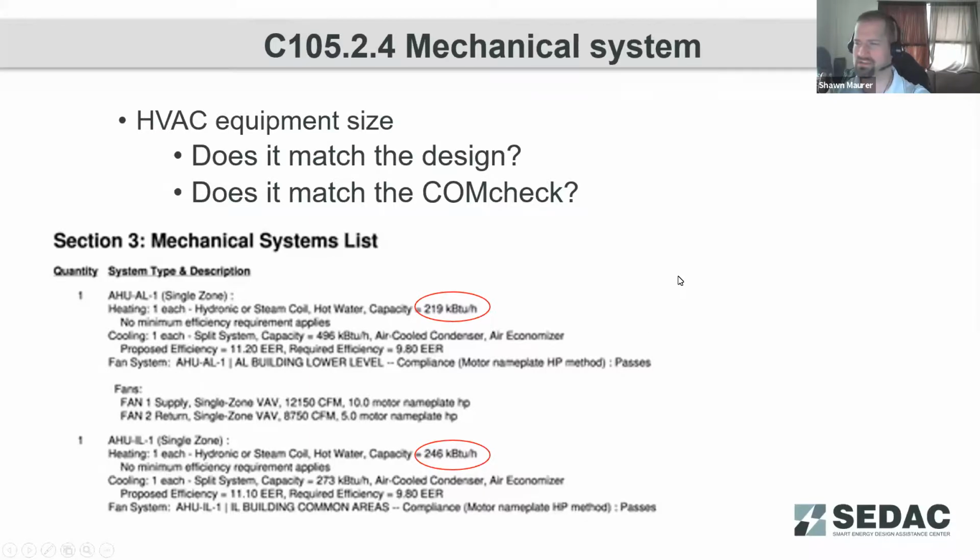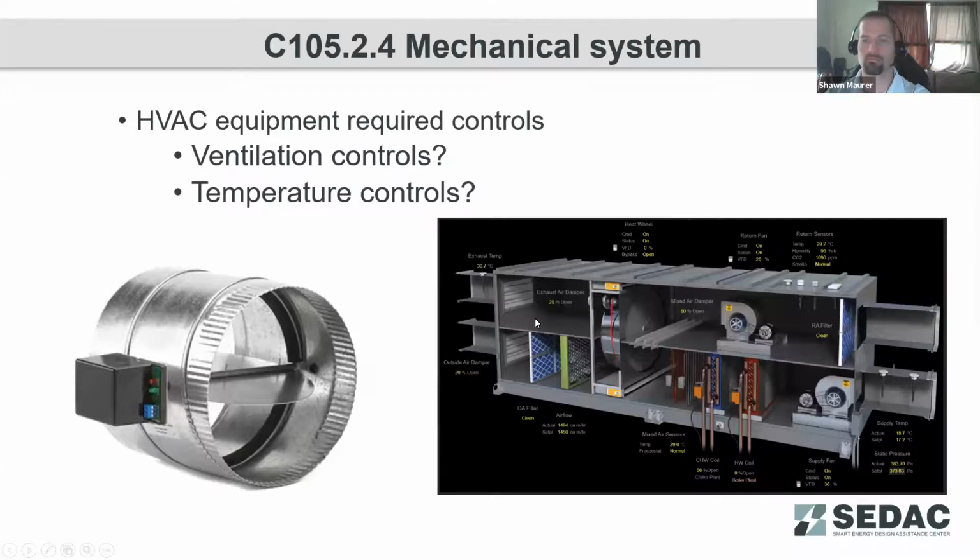And the main reason for that, again, as our buildings are becoming tighter and more energy efficient, load calculations are much more important for ensuring that those systems aren't going to have issues with short cycling, humidity control. They're going to operate at peak efficiency. So that's the main reason for checking on the capacity of those systems.